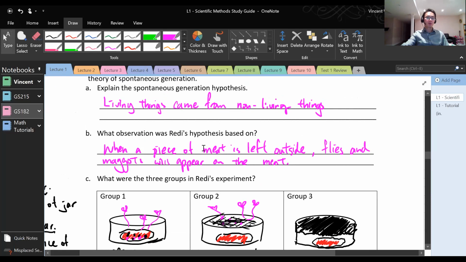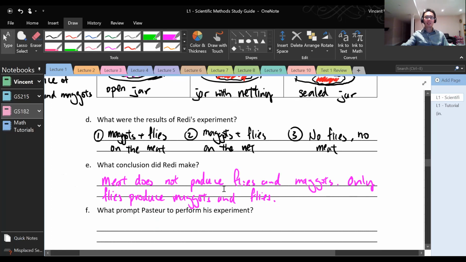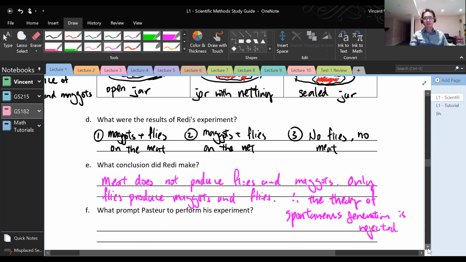I didn't write a hypothesis here, but based on this result, he rejected the hypothesis of spontaneous generation. Therefore, the theory of spontaneous generation is rejected.